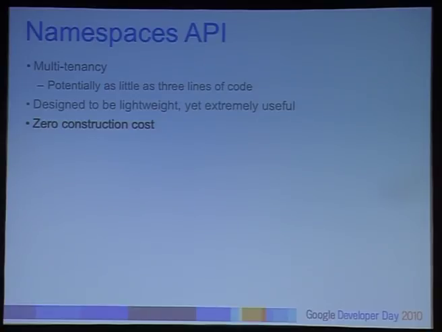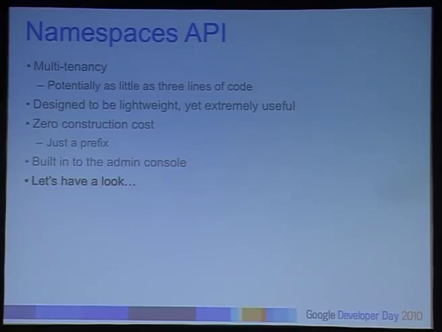Similarly, if you delete the last entry that exists in Memcache in the data store for that namespace, it's gone. There's 0 overhead, 0 construction cost. And that's because it's just a prefix. And I'll show you what that means in a second. It's built into the admin console. So when you're looking at the data store from the admin console, you can put in a namespace and look at just one compartment of data or another compartment.